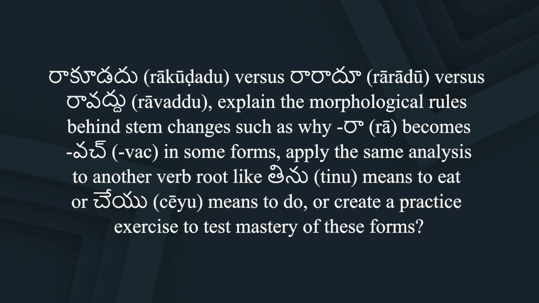Explain the morphological rules behind stem changes, such as why ra becomes vach. Or apply the same analysis to another verb root like tinu, meaning to eat, or cheyu, meaning to do, or create a practice exercise to test mastery of these forms.